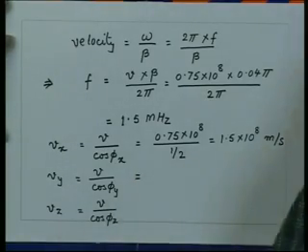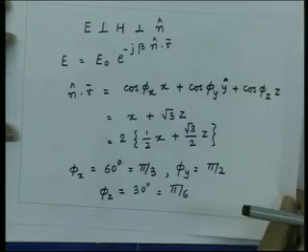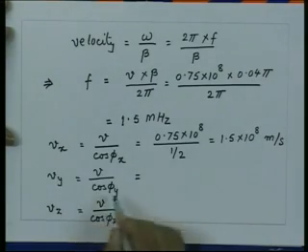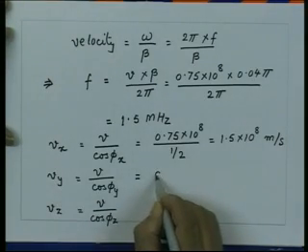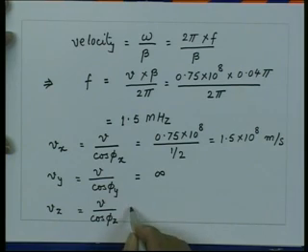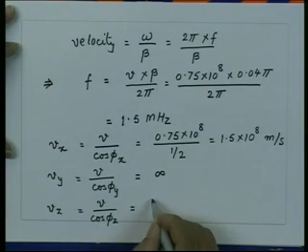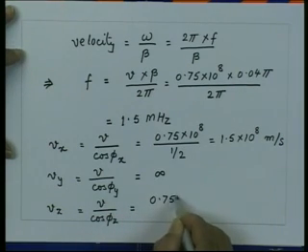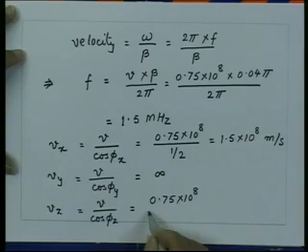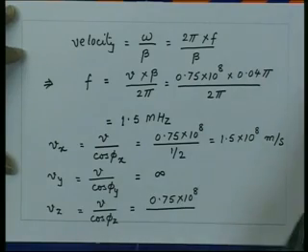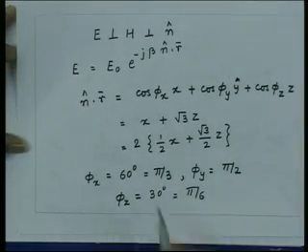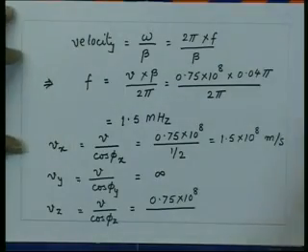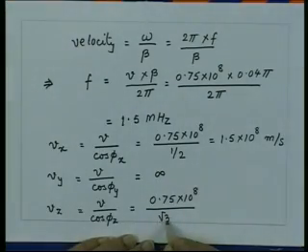The phi y is 90 degrees, so cos of phi y is 0. So, the phase velocity along y direction is infinity, and the phase velocity along z direction will be 0.75 into 10 to the power 8 divided by cos of phi z, which is cos of 30 degrees, which is root 3 by 2.